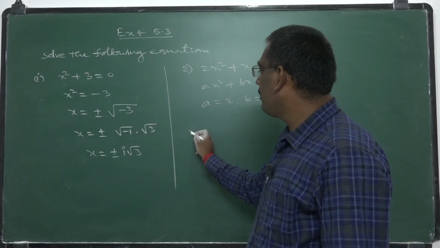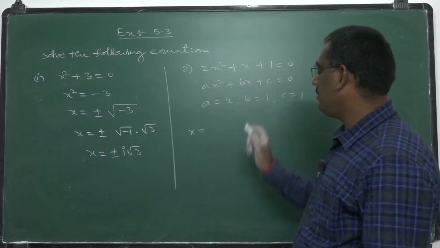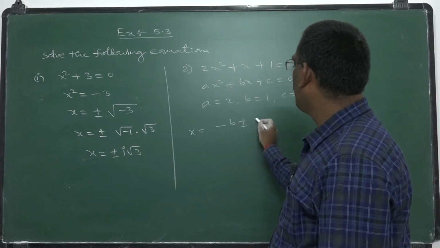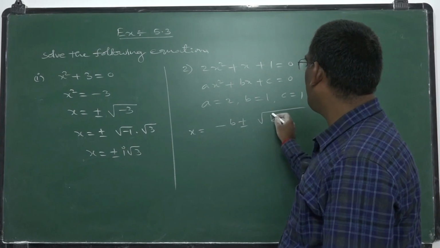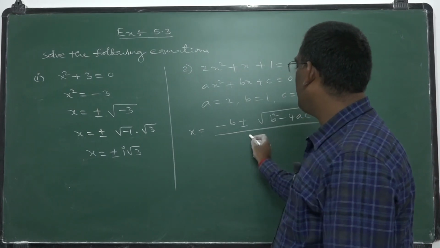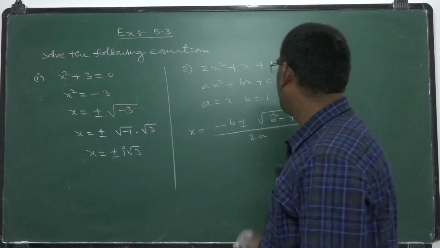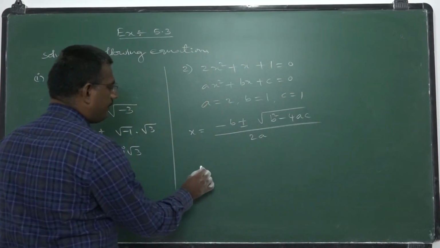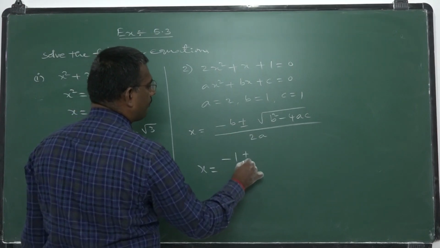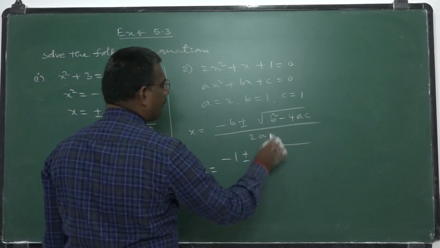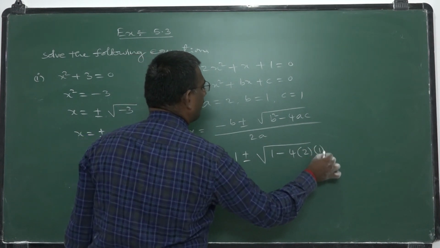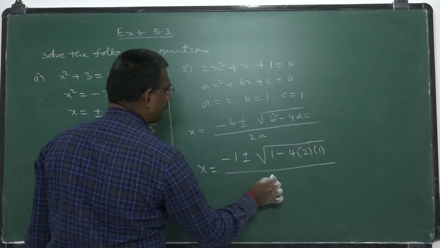So for finding the roots of the quadratic equation, use the formula minus b plus or minus root of b square minus 4ac by 2a. So substitute a value, b value and c value here. x equal to minus 1 plus or minus root of b square 1 minus 4 into a is 2, c is 1, by 2a, 2 into 2.